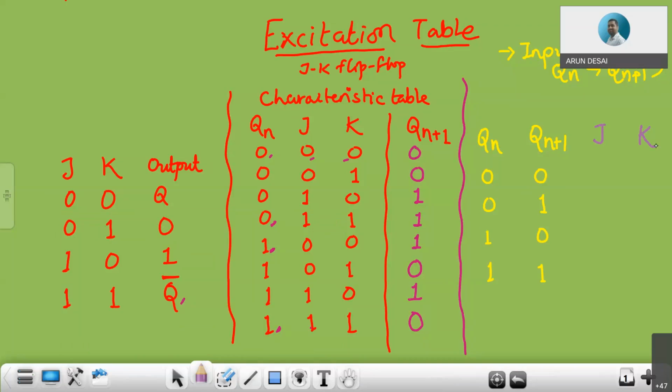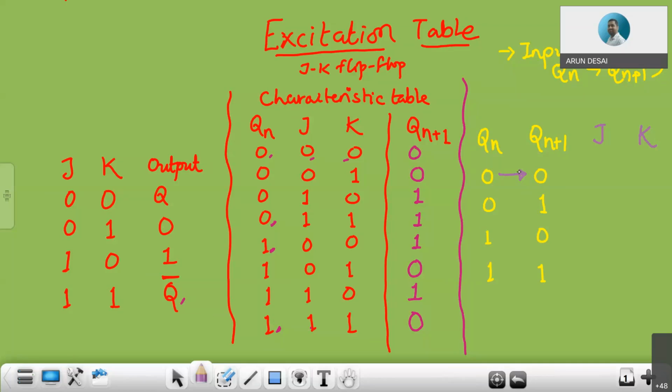This excitation table is going to be formed based on the characteristic table, right? So what is my current output? 0. And what should be the next output? 0, right?